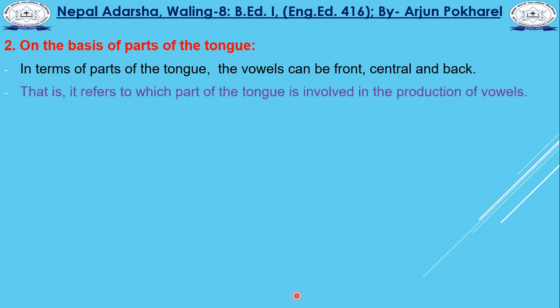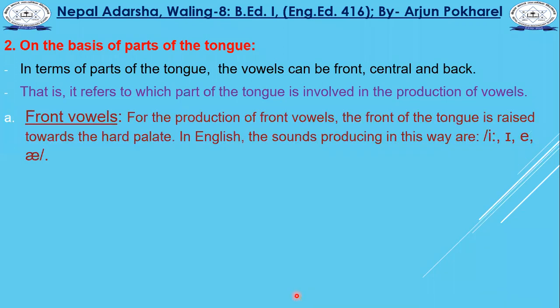The part of the tongue here refers to which part of the tongue is involved in the production of vowels. On the basis of the part of the tongue involved, vowels can be of three different types: front, central, and back vowels.